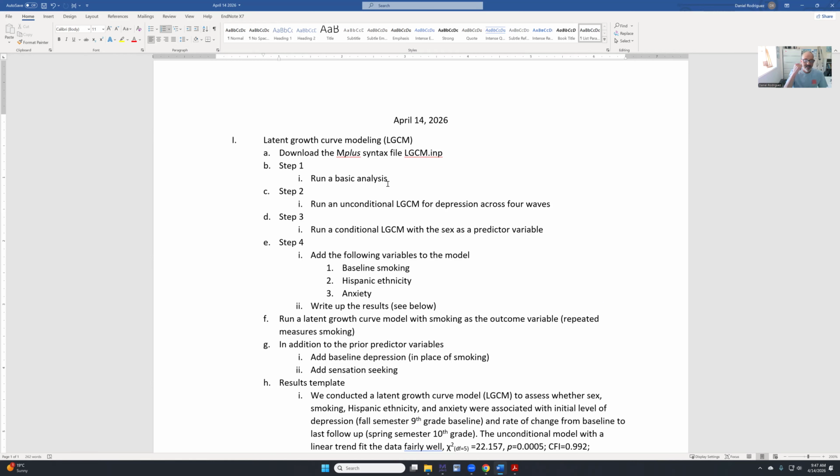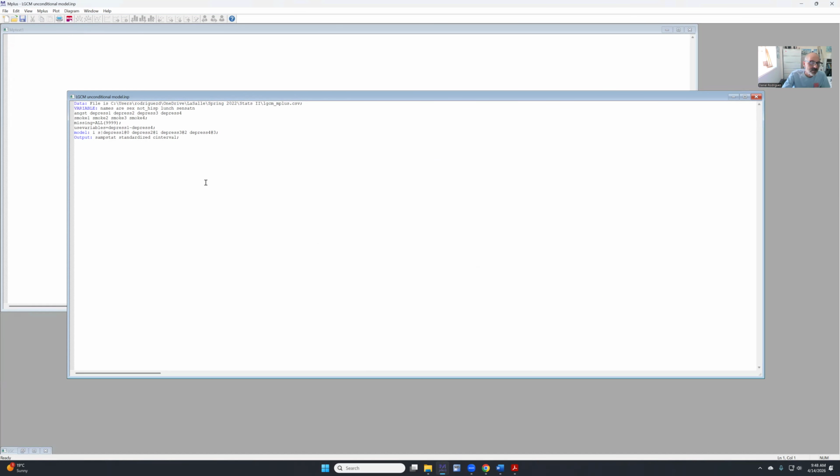So what we're going to do in steps is go through this process. First, you needed to download this data set. I call it LGCM dot. This is their downloadable programming file. So I actually downloaded that. Go under Mplus. Now I have a full version of Mplus.